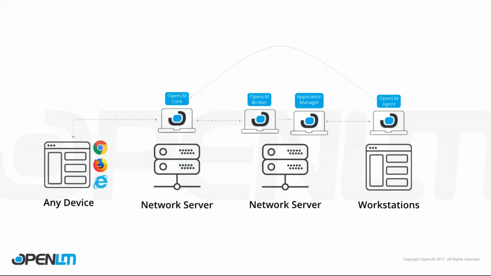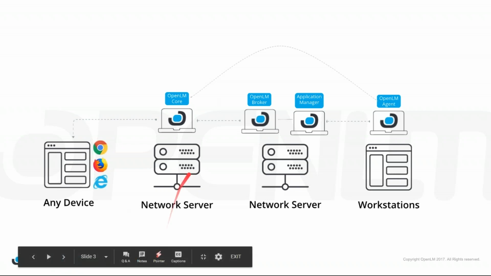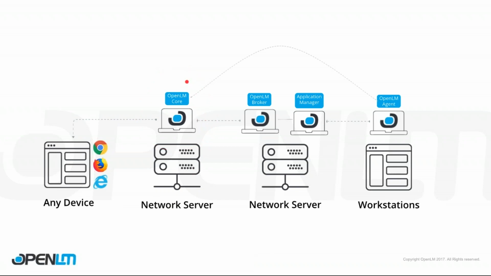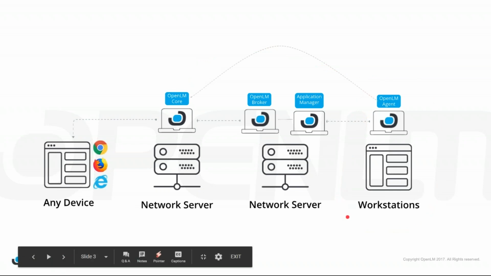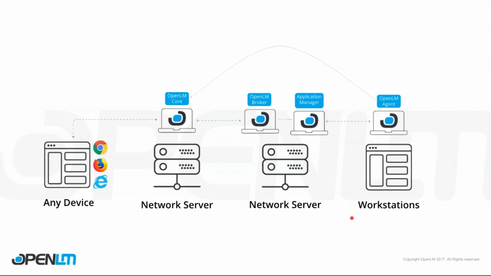So what is the OpenLM Agent basically? Well, you have the OpenLM server, the OpenLM core. You probably have the OpenLM broker on license managers, on license servers. But the OpenLM Agent goes on the workstation, on the end user workstation.